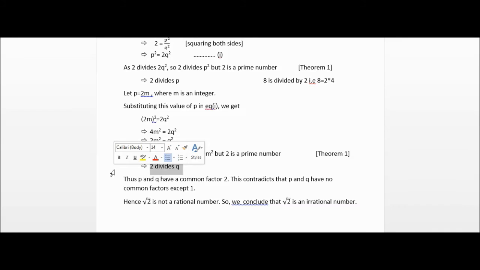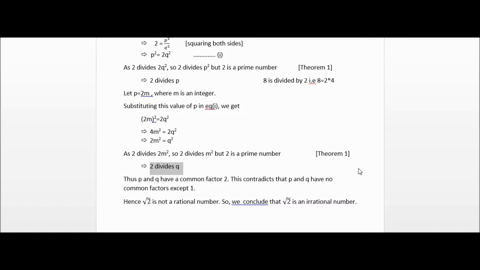Now here we again come to a point that 2 divides q, which means q, the denominator, has a factor other than 1. But according to the definition of a rational number, we know that p and q, the numerator and the denominator of any rational number, must have only one common factor, which is 1.